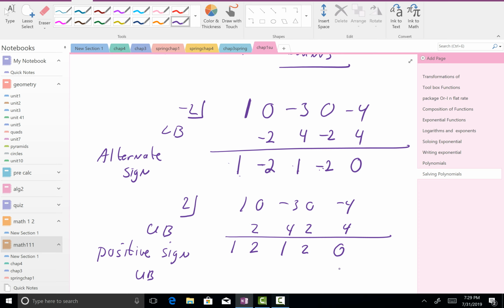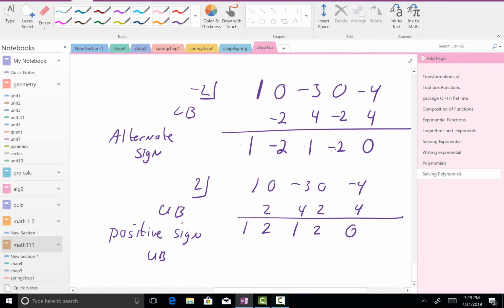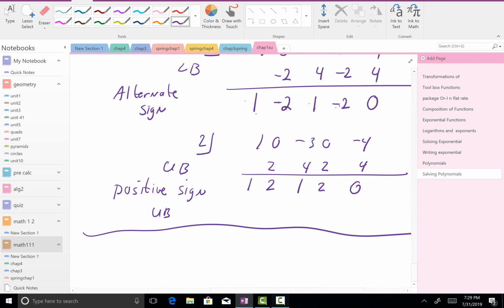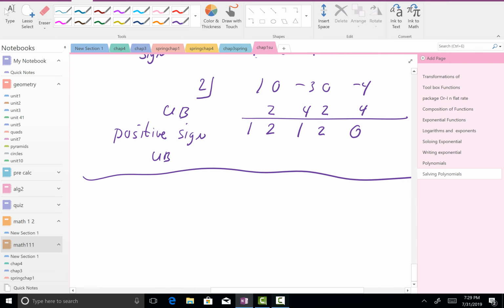Wow, a lot of stuff. Now, 3.3 is going to be a lot shorter. Here's the big idea in 3.3.